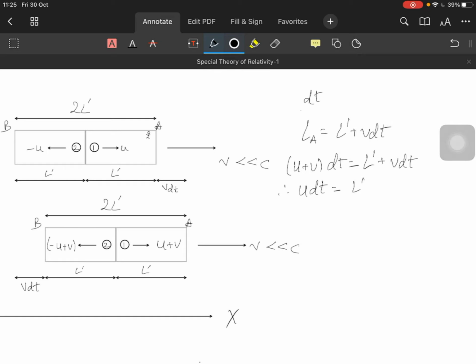Now, we need to check whether in time dt the ball has reached the end B or not. For the ball moving towards B, the distance traveled is minus of minus u plus v dt, which is equal to u minus v dt, which is equal to L dash minus v dt, which is exactly equal to this distance.